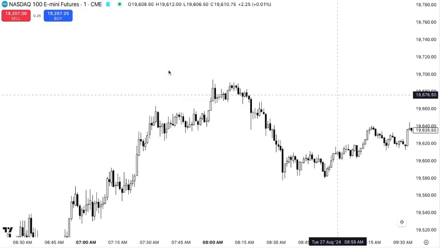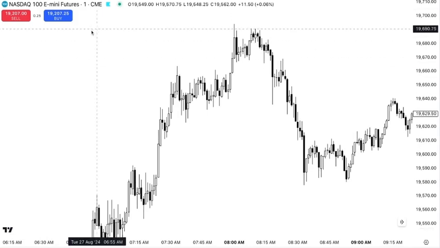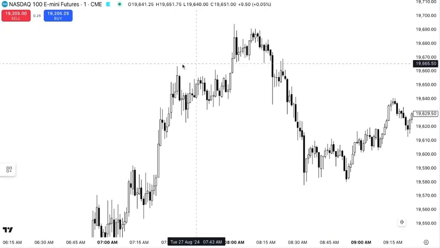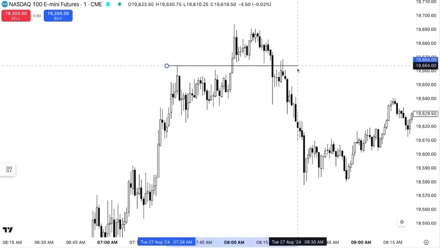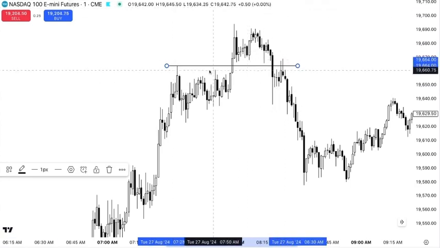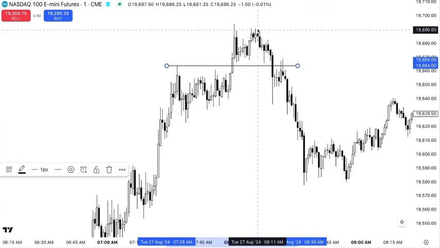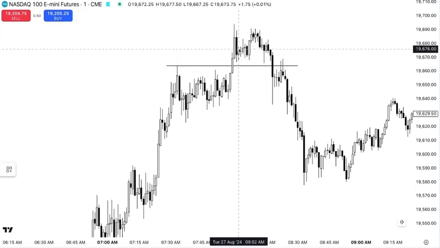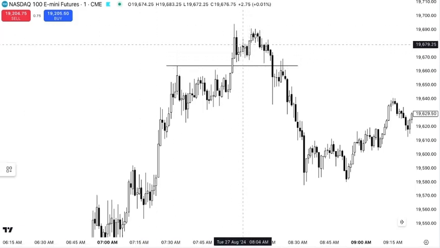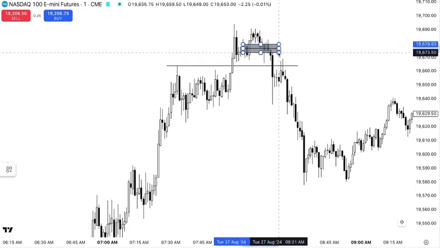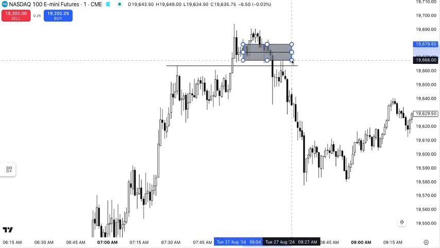Alright, I guess we can use this as an example. We have this high that got swept, okay, and then we'll mark out this down candle right here. It's not perfect, but sometimes the market isn't perfect, so mark it out like that.